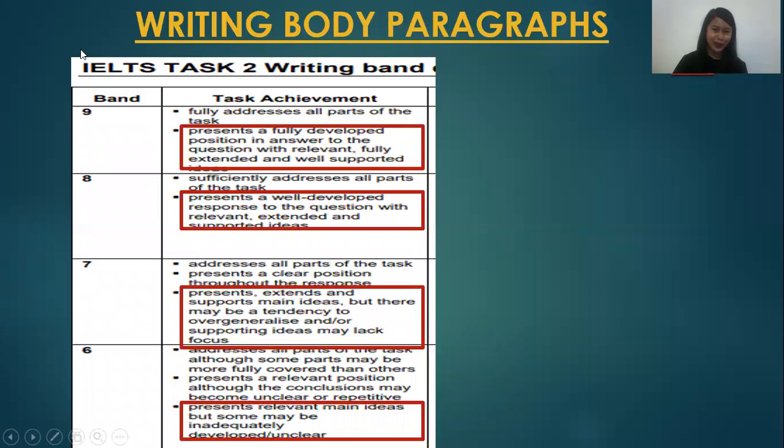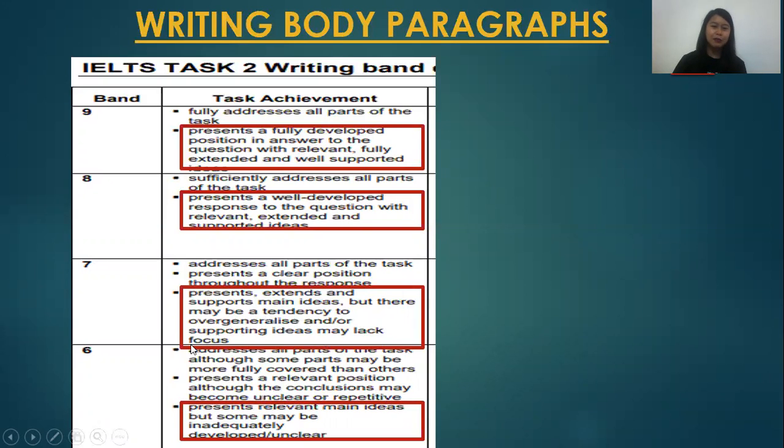Now, as you see here, we have the Writing Task 2 band descriptor focusing on task achievement. I've also highlighted one of the key factors on how to get bands 6 to 9. If you take a look at this box here, you can see that to get a band 6, you must present relevant main ideas.